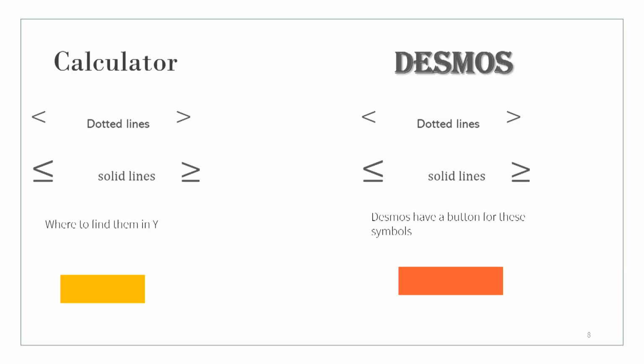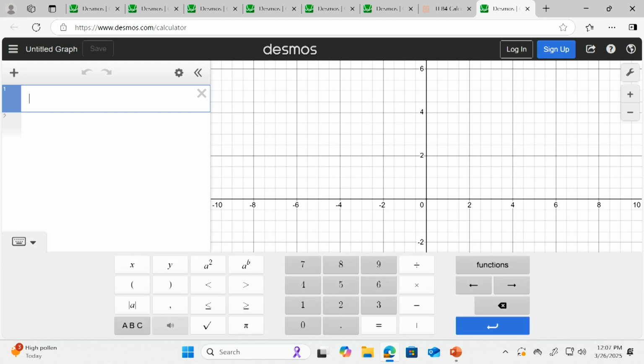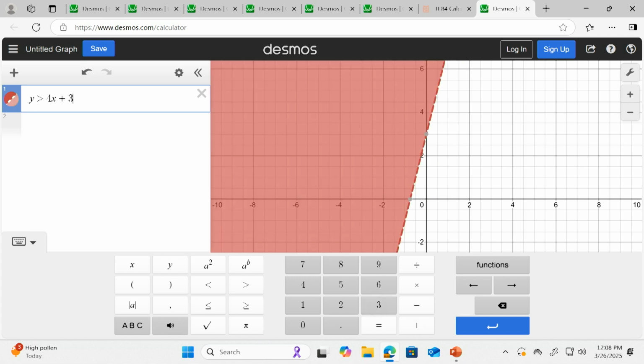Now, Desmos is going to have the button there on its front screen to put those inequality symbols in. So let's go ahead and try those real fast. So pull up your Desmos. When I pull up my keyboard, I see less than or equal to, greater than or equal to. So let's do y is greater than 4x plus 3.